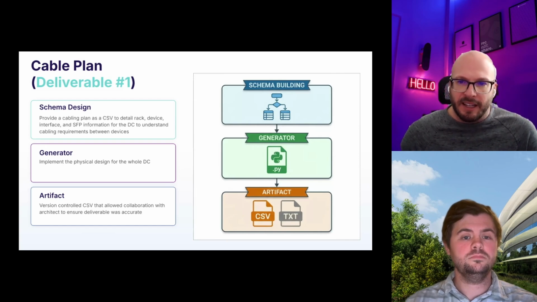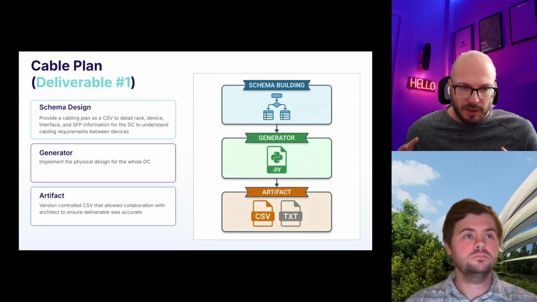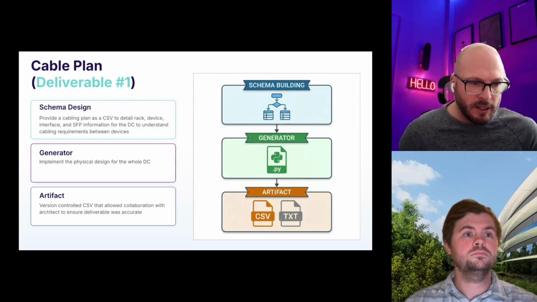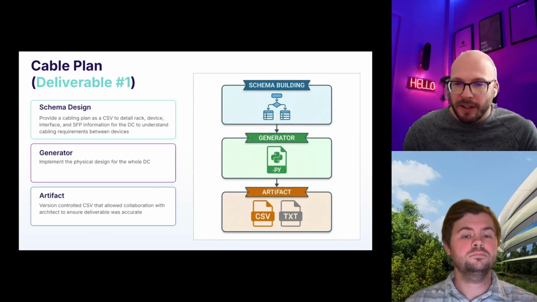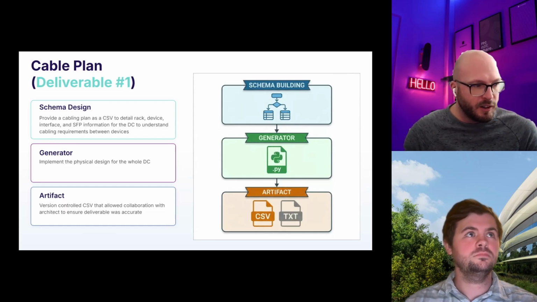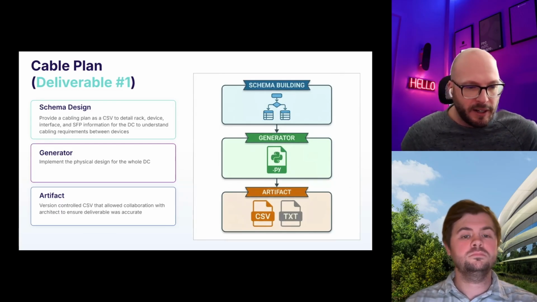We basically ended up keeping it small and detailed. With our schema, we didn't try to solve everything on day one. We also used the generator to implement it. I believe Alex touched on that a little bit earlier, as the cabling was all within a generator.